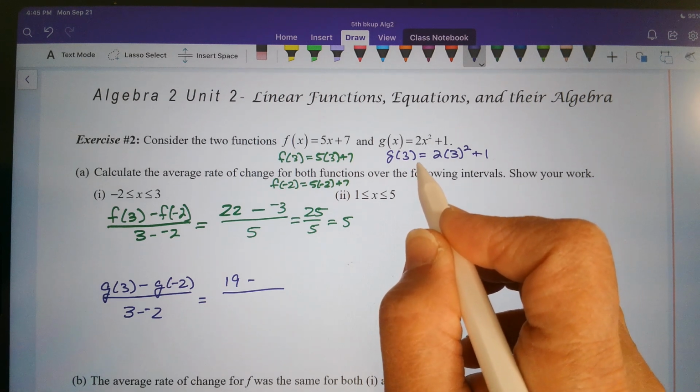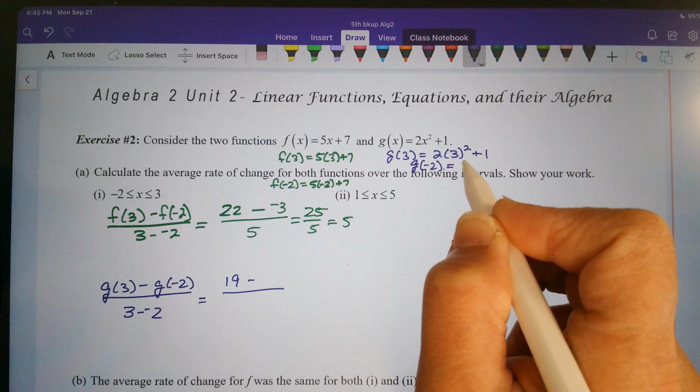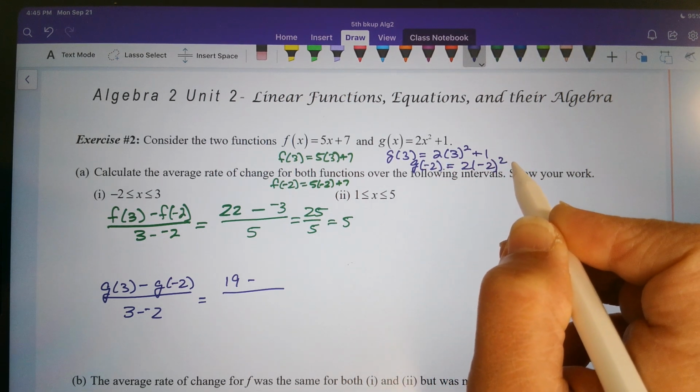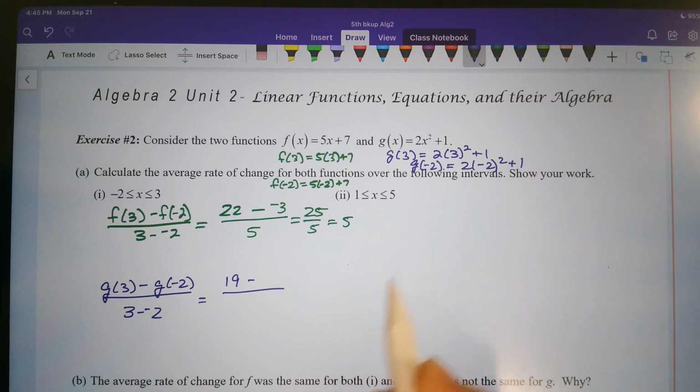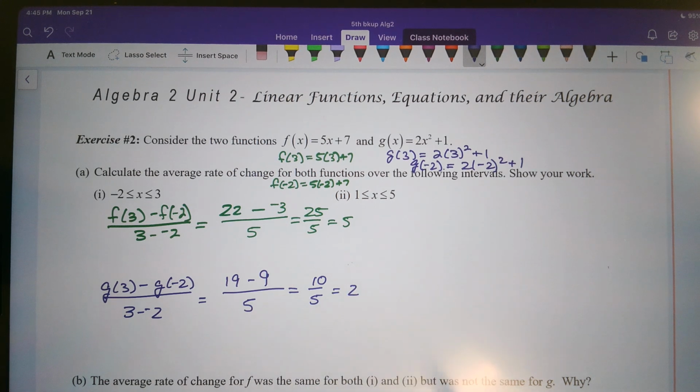And g of negative 2 is 2 times negative 2 squared is 4, times 2 is 8, plus 1 is 9. And the denominator, 3 minus negative 2 is 5. So we have 10 over 5, which is 2.